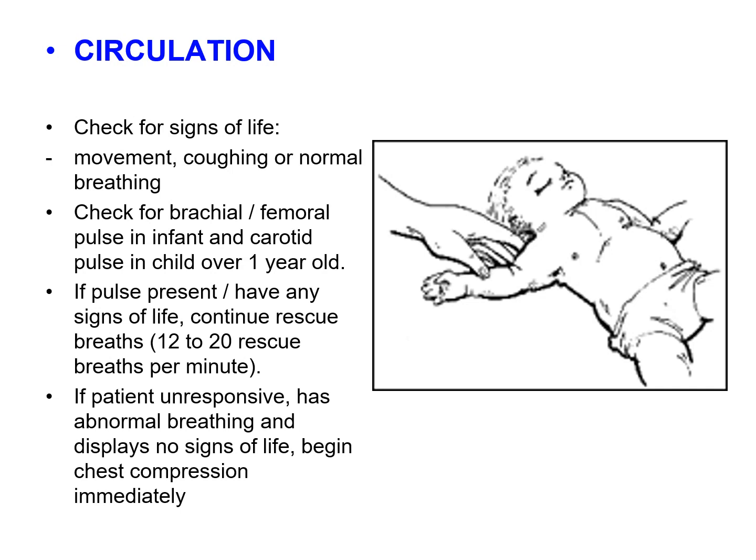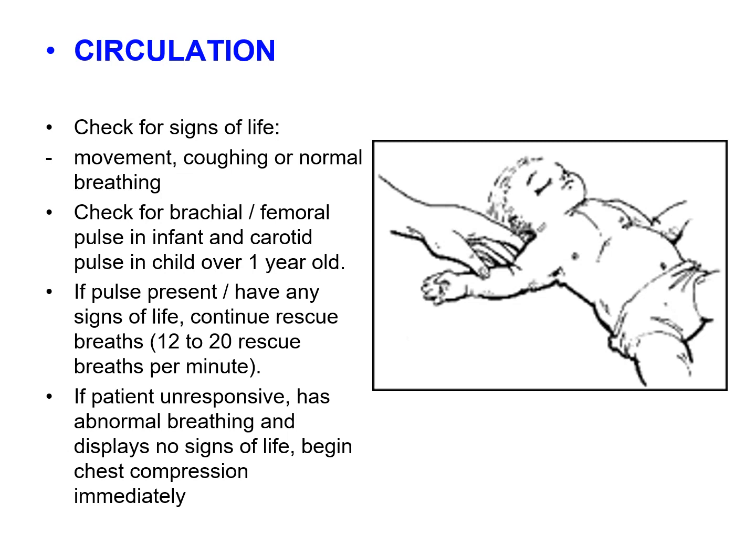Circulation. In a pediatric basic life support for cardiac arrest scenario, checking pulses in a child is not compulsory. One can substitute the checking of pulse by looking for signs of life such as movement, coughing, or normal breathing. Alternatively, if one decides to check for pulses, look for brachial or femoral pulse in an infant or carotid pulse in a child over 1 year old.